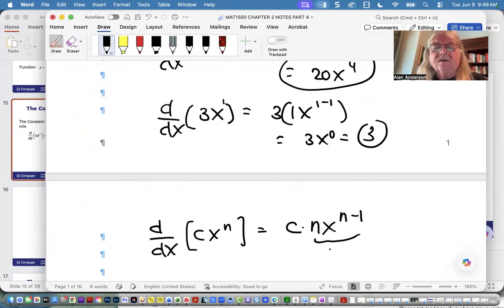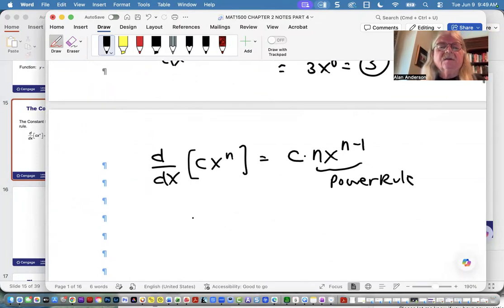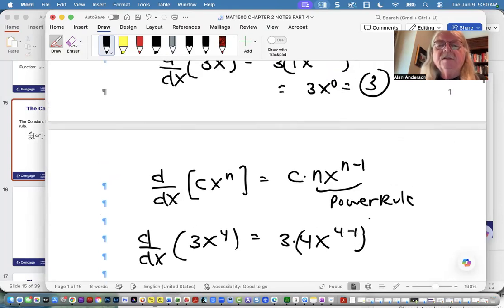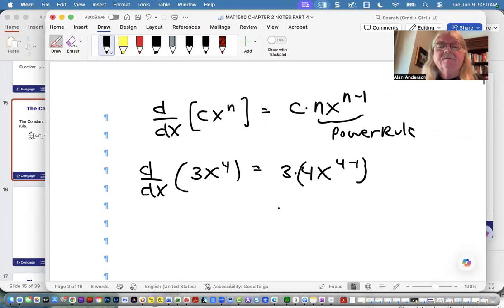Of course, this is the result of using the power rule. All right, so if you ended up with, let's say, 3x to the fourth, you'll end up with 12x cubed.